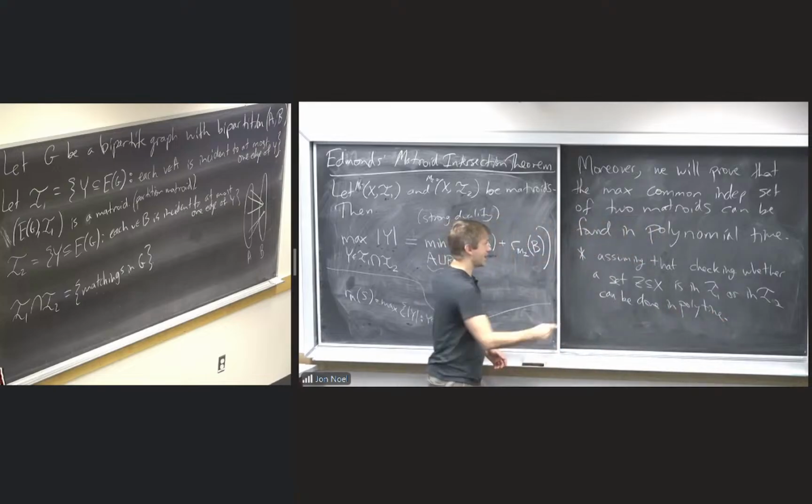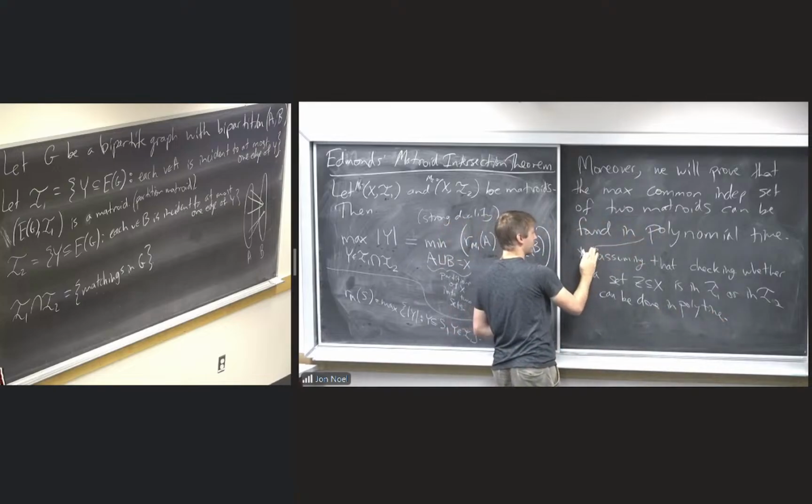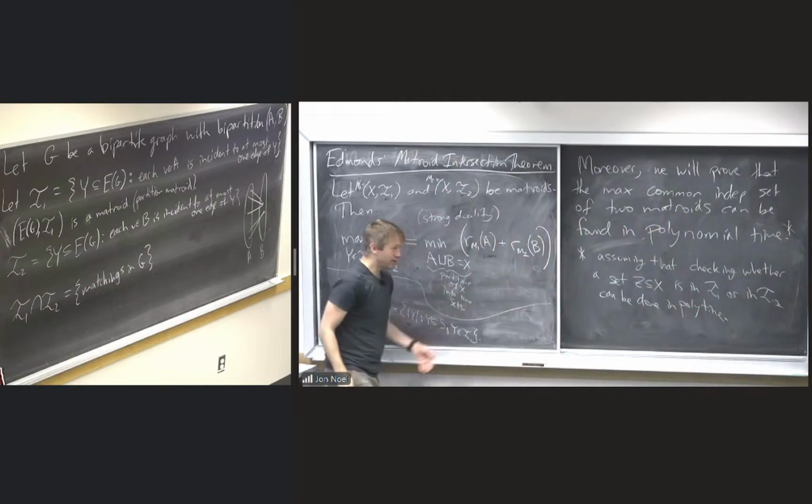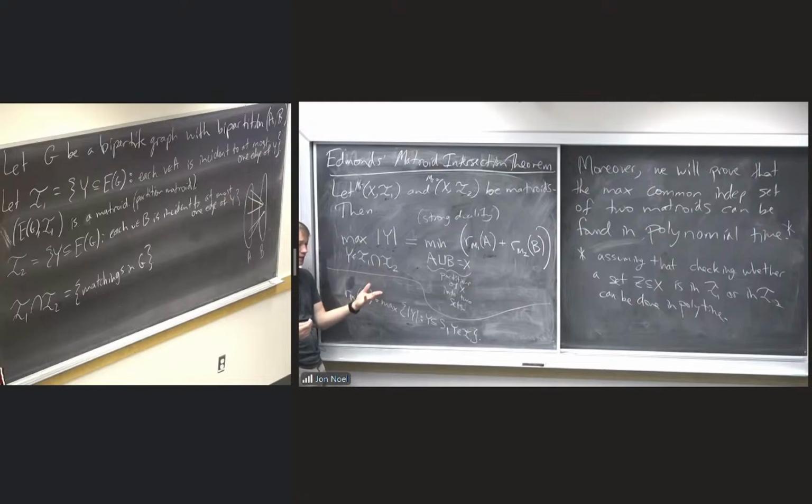Because if you have a matroid, it's not clear that I can check whether a set is in that matroid or not. The collection I might have exponentially many elements, so I can't just look through all of them and say, is Z in there? But for these matroids with the bipartite graph, it's pretty easy.